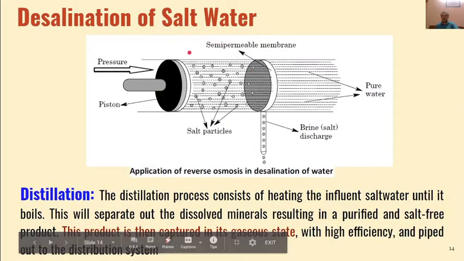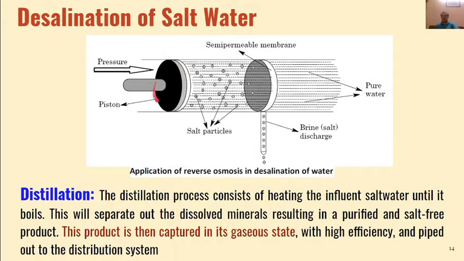So here this is the high concentration water containing sodium chloride, and this is the semi-permeable membrane. This will not allow sodium chloride particles to pass through the semi-permeable membrane.